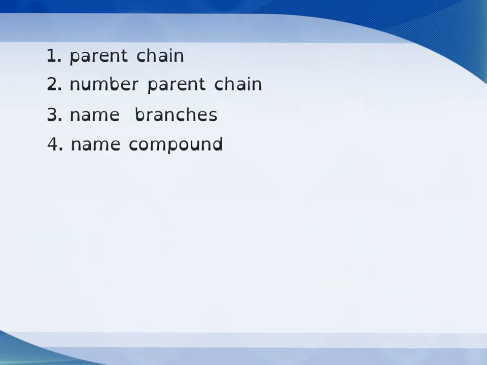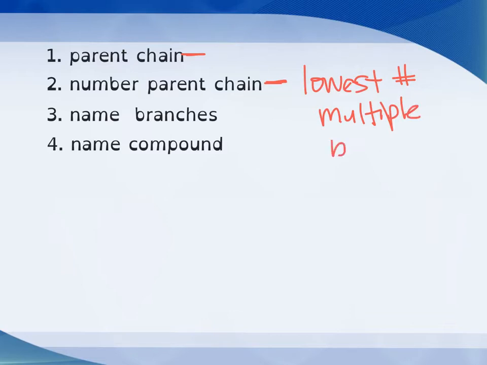Keep in mind, we have a sequence here. You count the parent chain, then you number it with the lowest number available. So sometimes that's for a multiple bond, and sometimes that's for a branch. So you're looking for the lowest number.